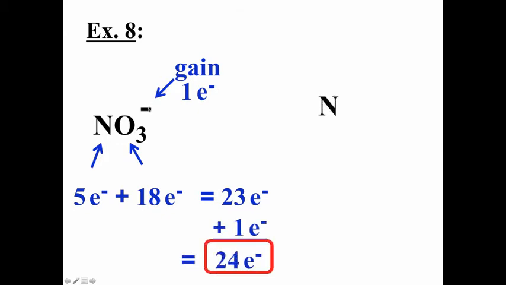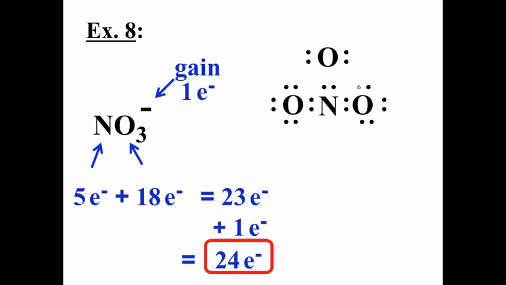And how we would draw this is N bonded to 3 different O's, 2 electrons to bond between nitrogen and each of the oxygens, and that gives us 6 electrons, and then we fill in 7, 8, 9, and so on up to 22.